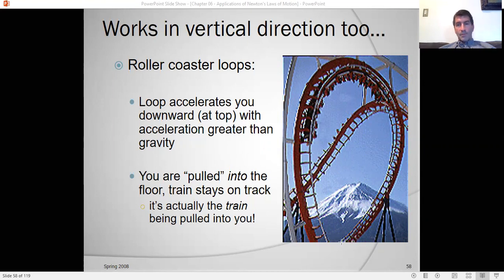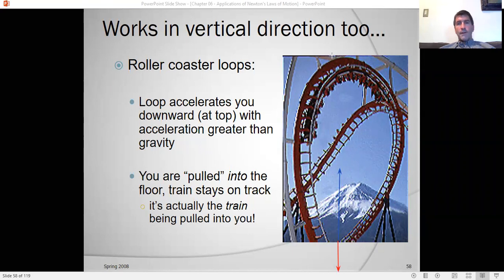When you're at the bottom of the loop, it's a little bit different, because not only is gravity pulling you down, but you need even more normal force. Okay, if gravity's pulling you down with, let's say, 200 newtons of force, you need 400 newtons of normal force to compensate not only for the gravitational force, but the extra centripetal force that you can experience.